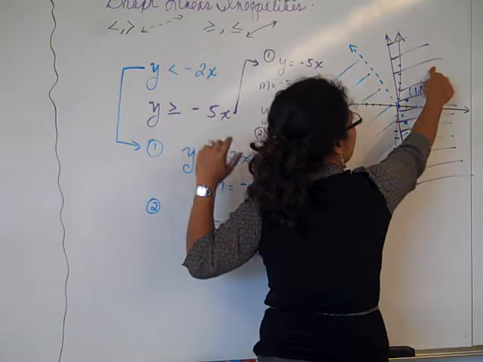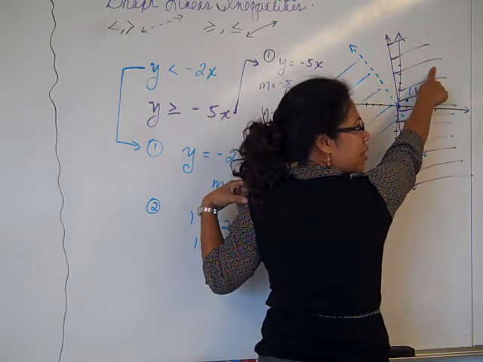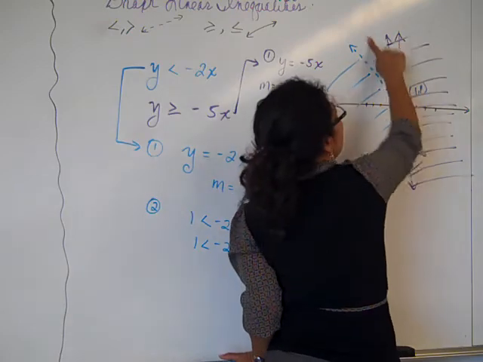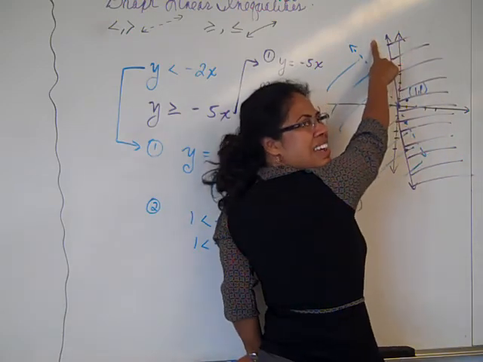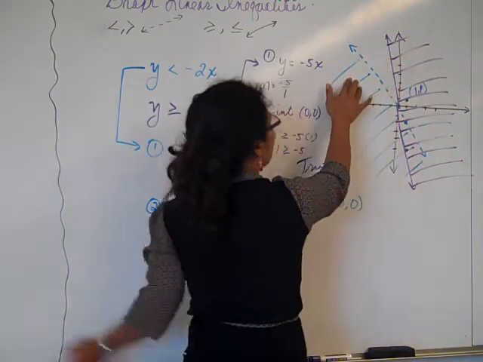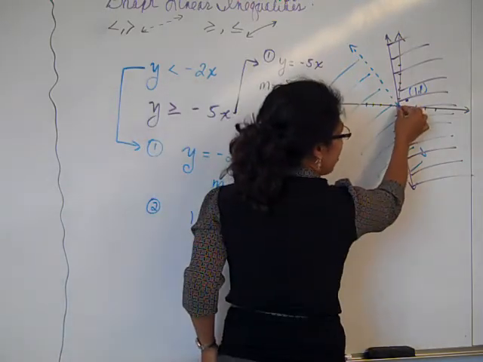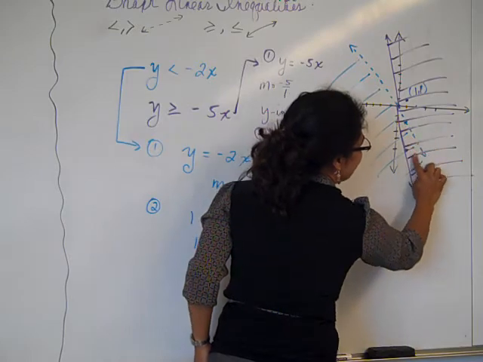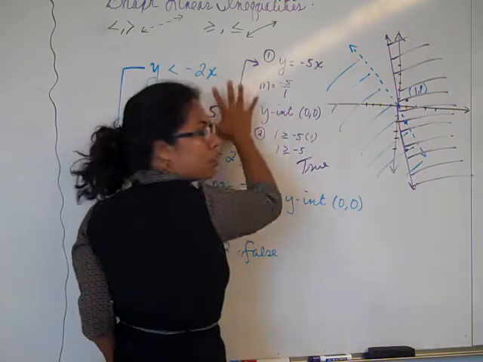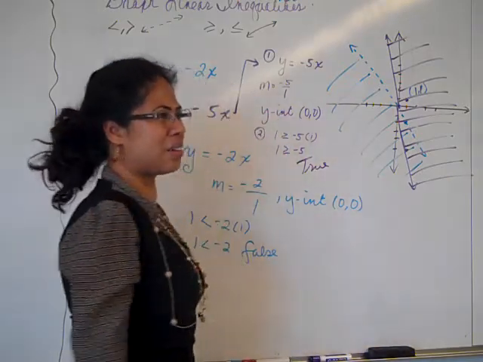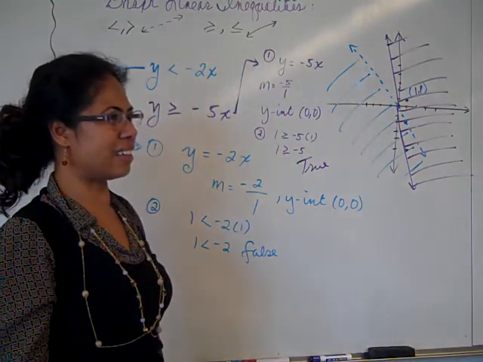If I pick a point here, it only satisfies the purple. If I pick a point here, it doesn't satisfy any. If I pick a point here, it only satisfies the blue. Not good enough. We need to satisfy both. So every single point here will satisfy both, and this is your solution. How is it? Easy? Yeah?